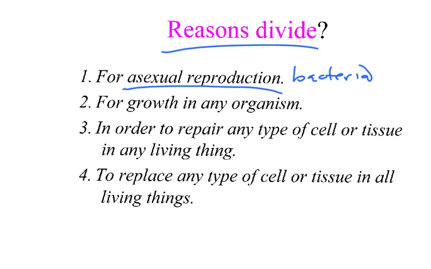For growth, so we've talked about how a baby grows into an adult not by getting larger cells, but by adding cells. For repair, so let's say you have damaged tissue, okay? You get a cut or something like that. In order to repair that, you replace the damaged cells. You don't fix the broken ones. They die off.